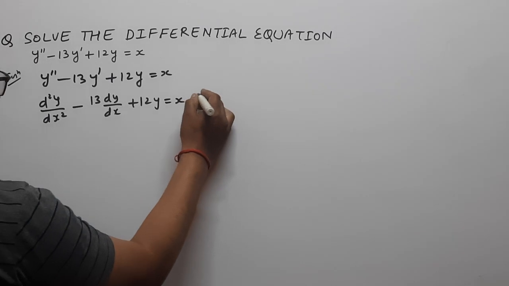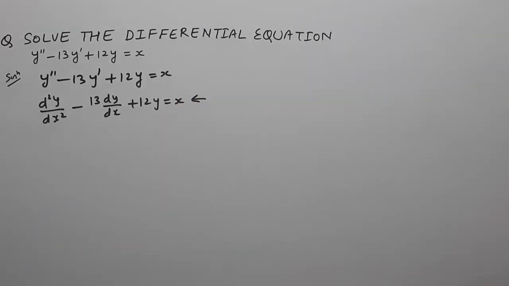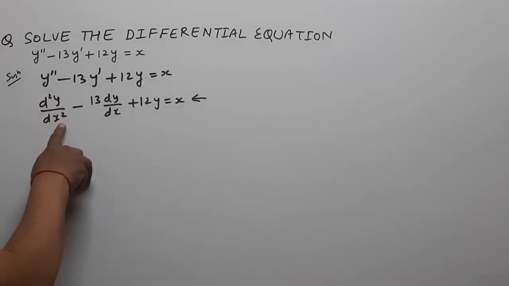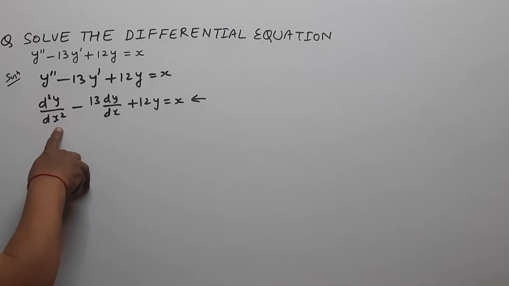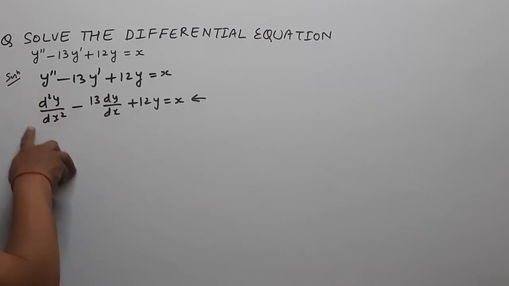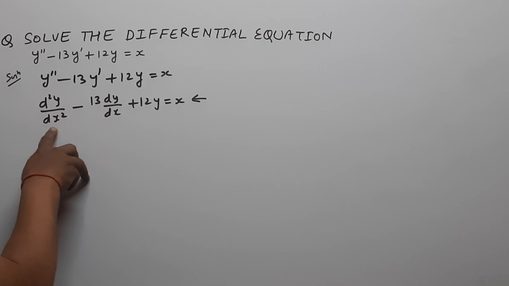You know that this is a second order linear differential equation with constant coefficient, because the highest order differential coefficient here is d2y by dx2.